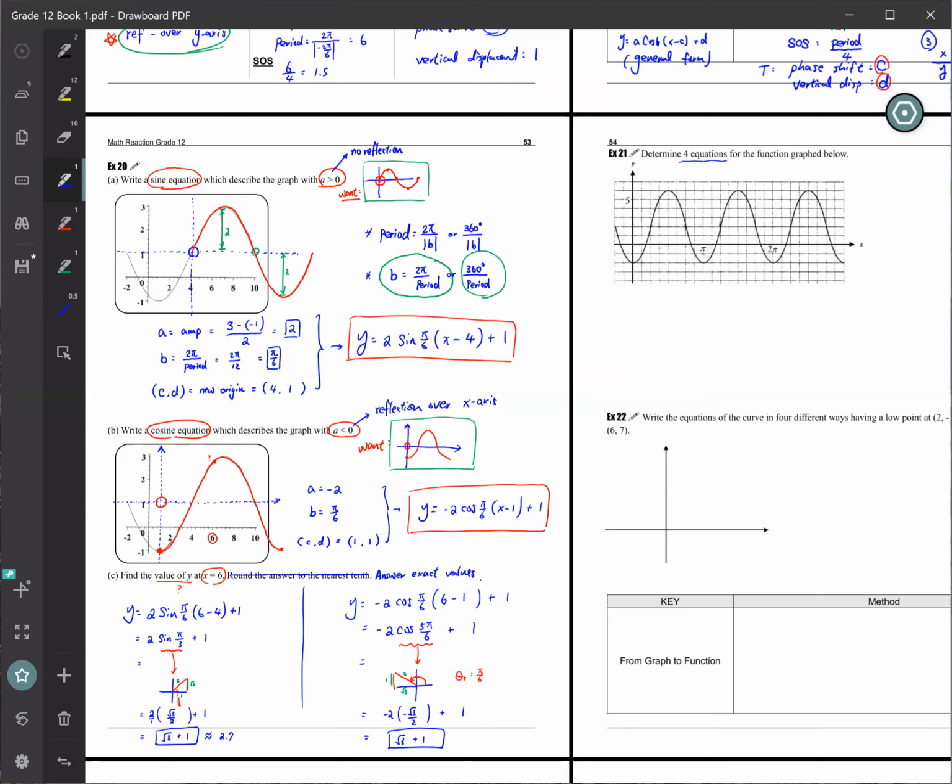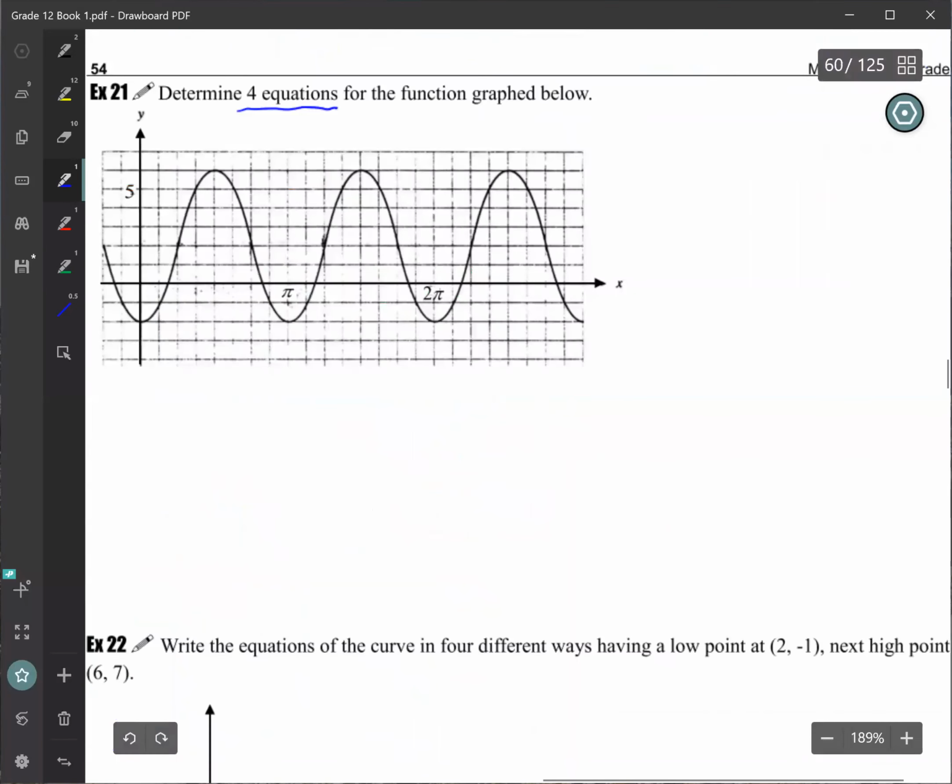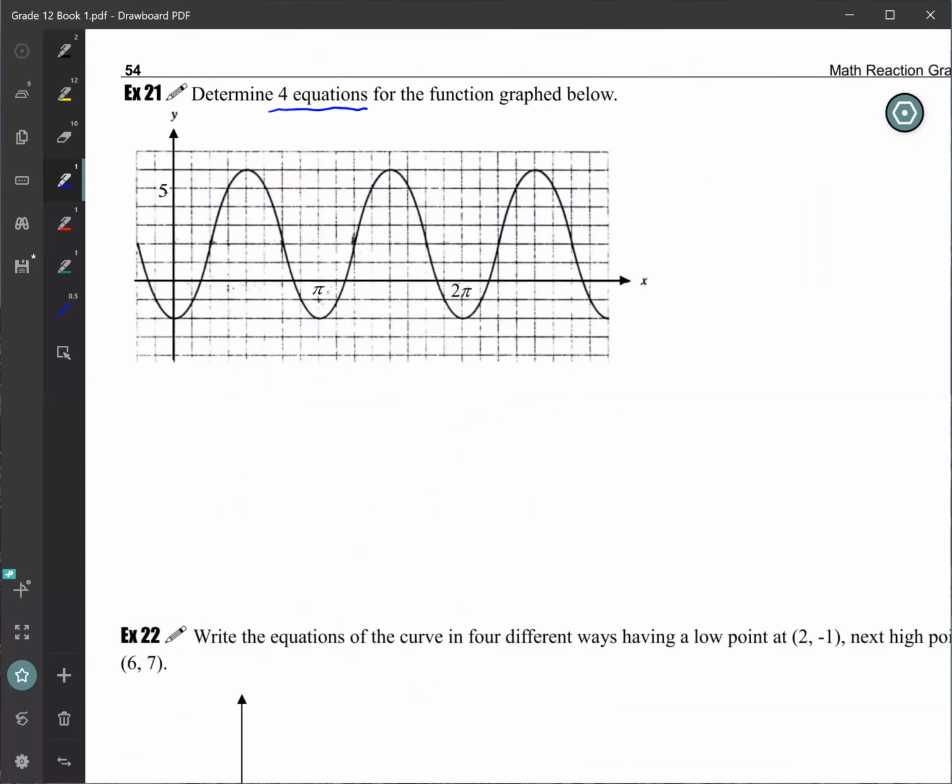Don't choose something very far away, because the answer key is always the closest possible, okay? So please try this out. We are trying to get 4 different equations. For sine, we have 2 of them. For cosine, we also have 2 of them, okay?